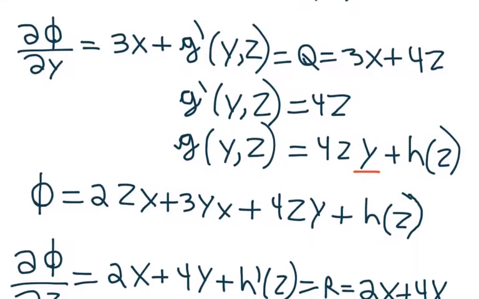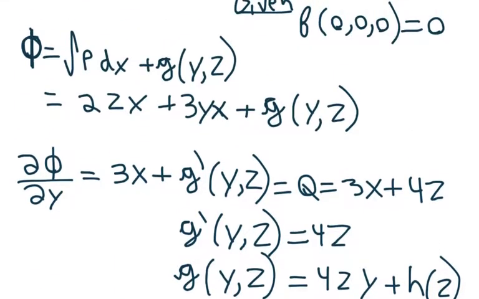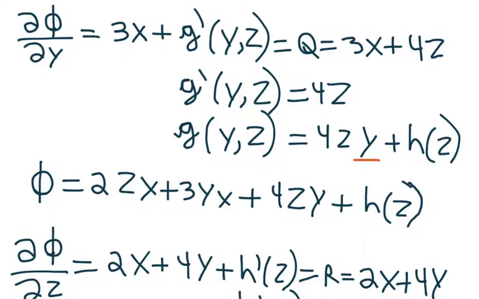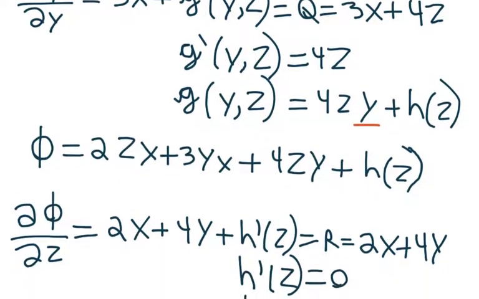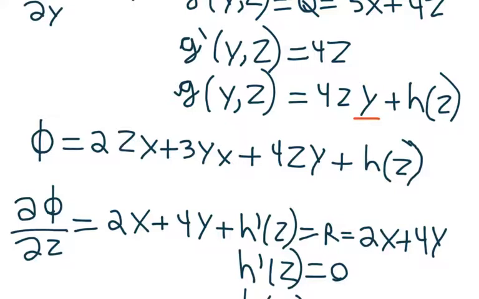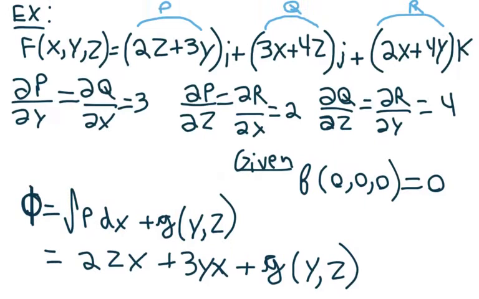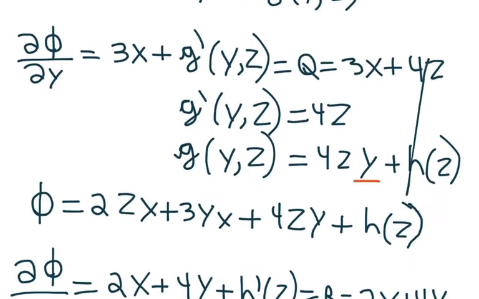Again, first we could plug in g(y,z) back into the phi equation. So we get 2zx plus 3yx plus 4zy plus h(z). Now again, we're going to do ∂phi/∂z this time. And we're going to have 2x plus 4y plus h'(z) is equal to R, which we had at the beginning to be 2x plus 4y.